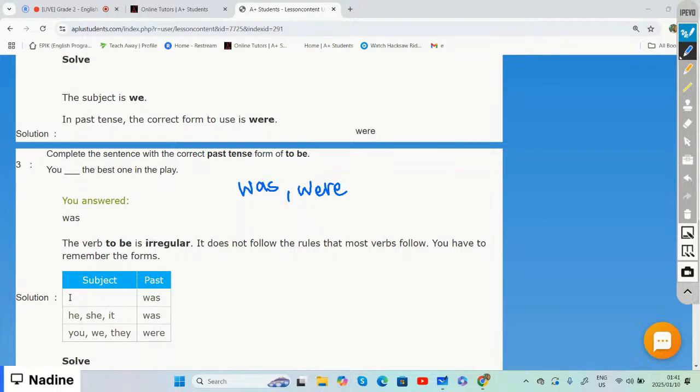Which one is correct? And if we were to choose the correct option, we will say you were, right?